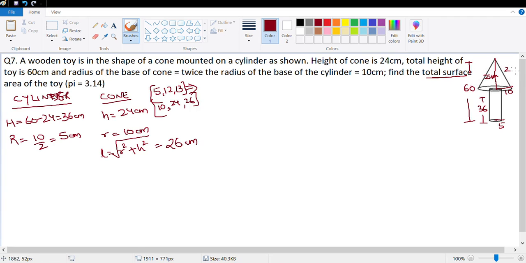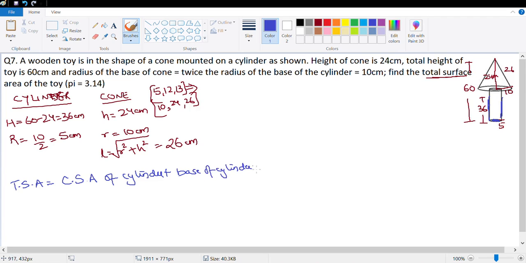Now we'll need to figure out what will be the total surface area. So let's just write total surface area would be the curved surface area of the cylinder, not the cone, I have marked the cylinder. Plus, since the base will be a part of the toy, the base of cylinder. Done.